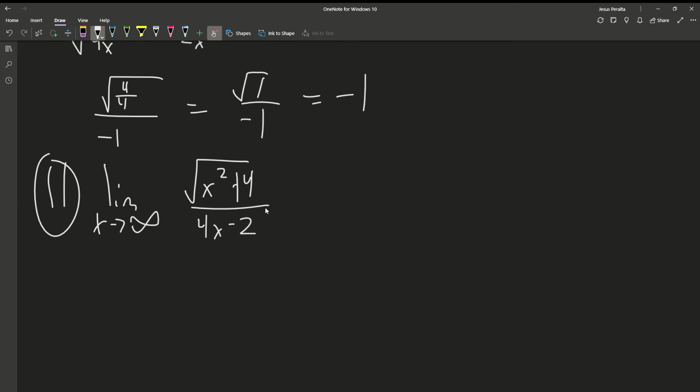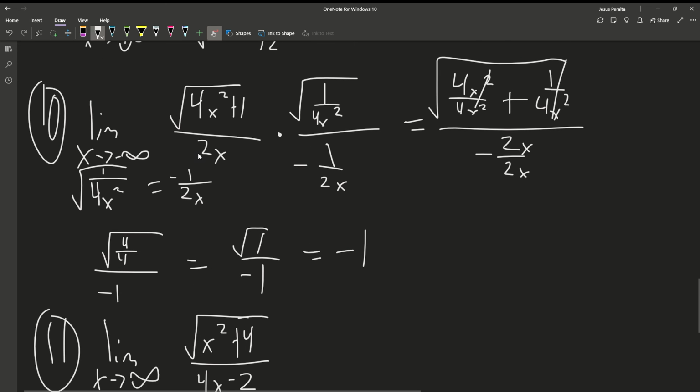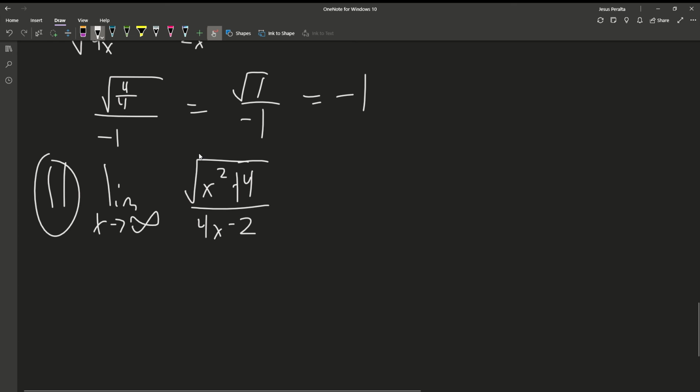So from here, we get the square roots. Sorry, I kind of lost track of how to do this. So then you're going to get the square root of 1 over x squared, which is also equal to 1 over x. And we don't need to worry about anything being negative.